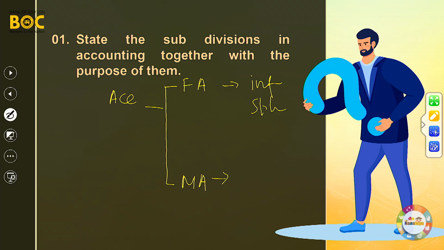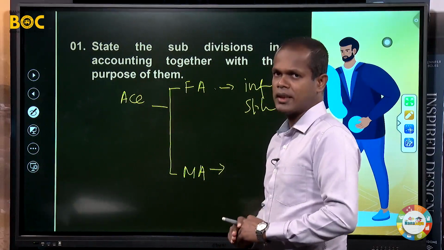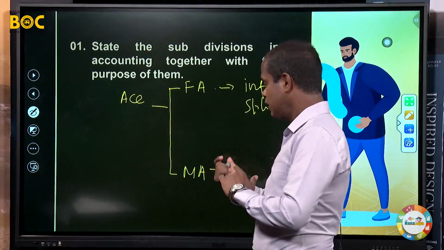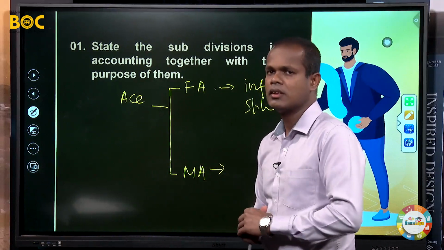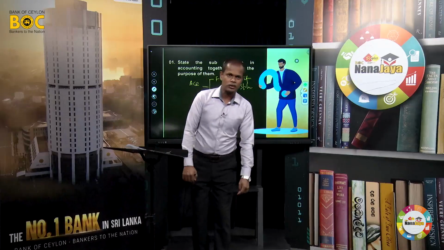But in financial accounting you didn't specify; commonly any party, stakeholders. The management accounting purpose is to provide information for the internal parties, so managers, for decision making. Two subdivisions: financial and management accounting.